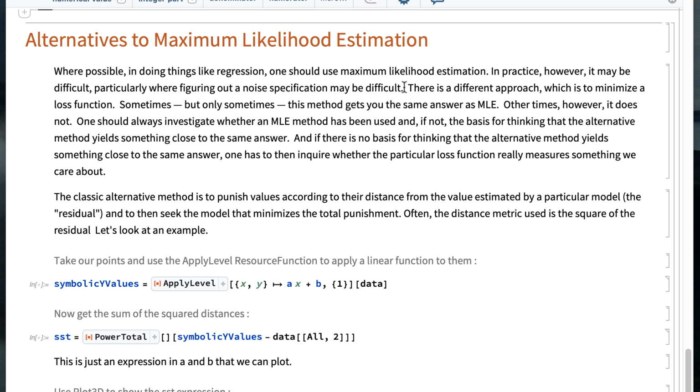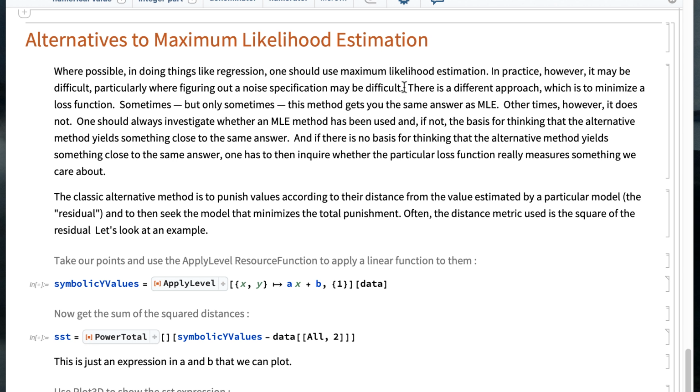Sometimes, not always, you get the same answer as you would if you'd used maximum likelihood estimation. And if you choose a good loss function, you're going to get a lot closer to the MLE answer. But oftentimes use of a loss function is simpler in terms of computation.